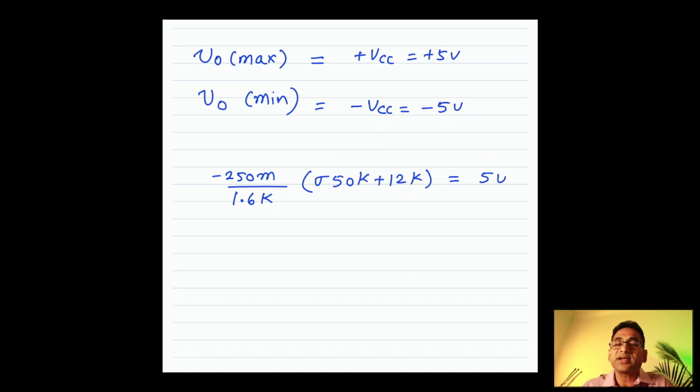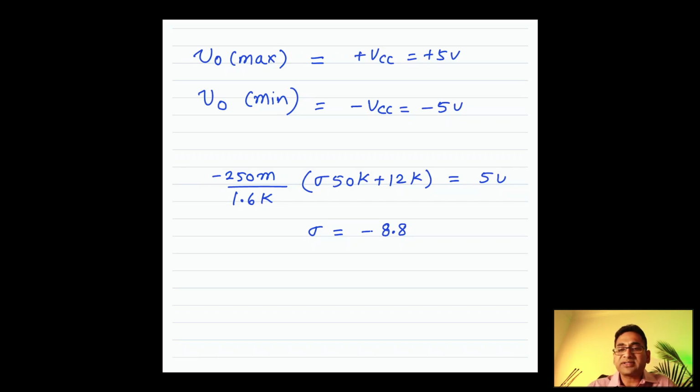Because what is saturation after all? Saturation is the point where the V output reaches plus 5 volts or falls below negative 5 volts, because there are plus and negative VCC. So you can find a value. When you rearrange this equation, you see that sigma will come out to be a negative 8.8 value.